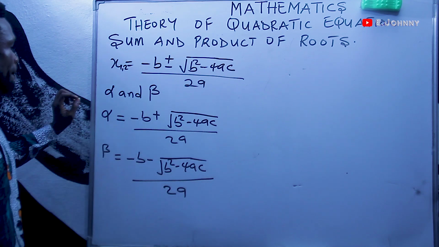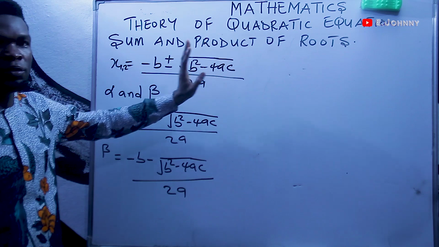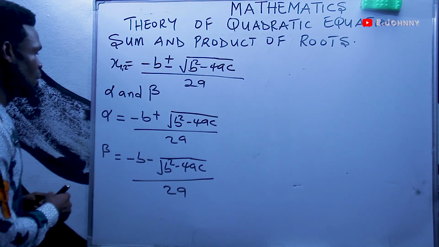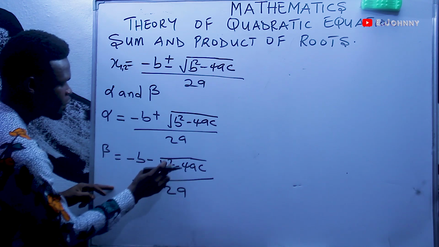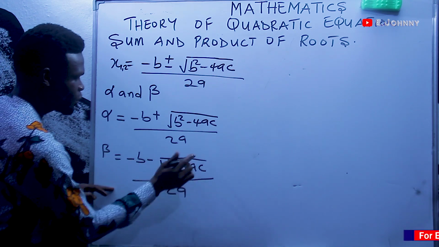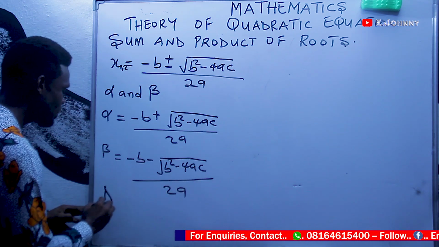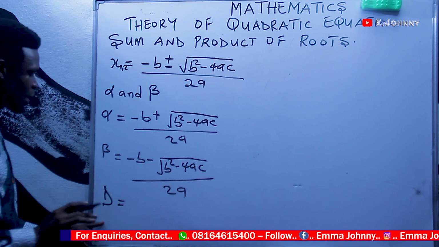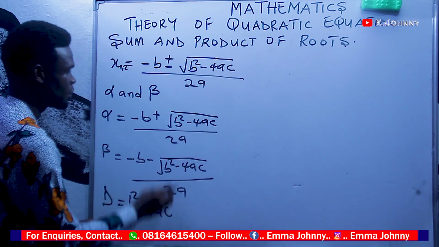Now, we want to talk about the sum and product of the roots. But before I do that, let me also say that this b squared minus 4ac, which is inside the square root sign, is called the discriminant. So the discriminant D is always b squared minus 4ac.